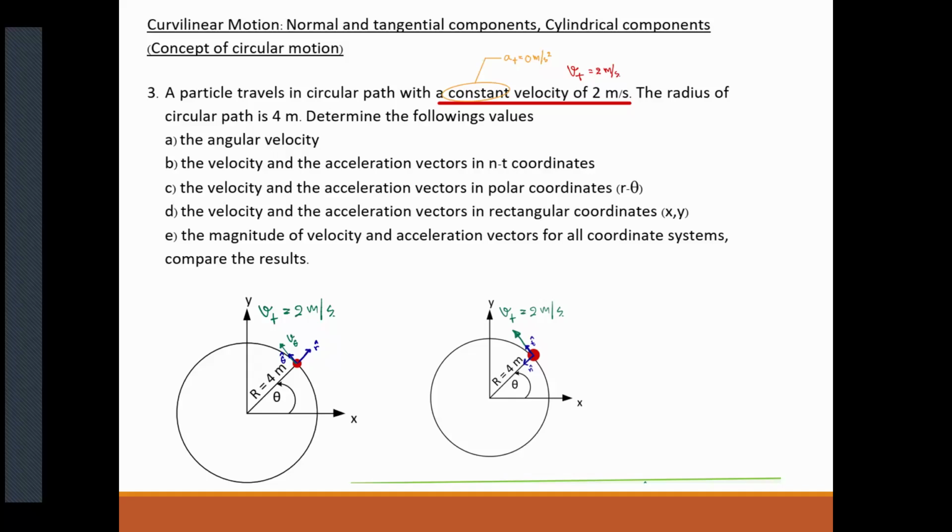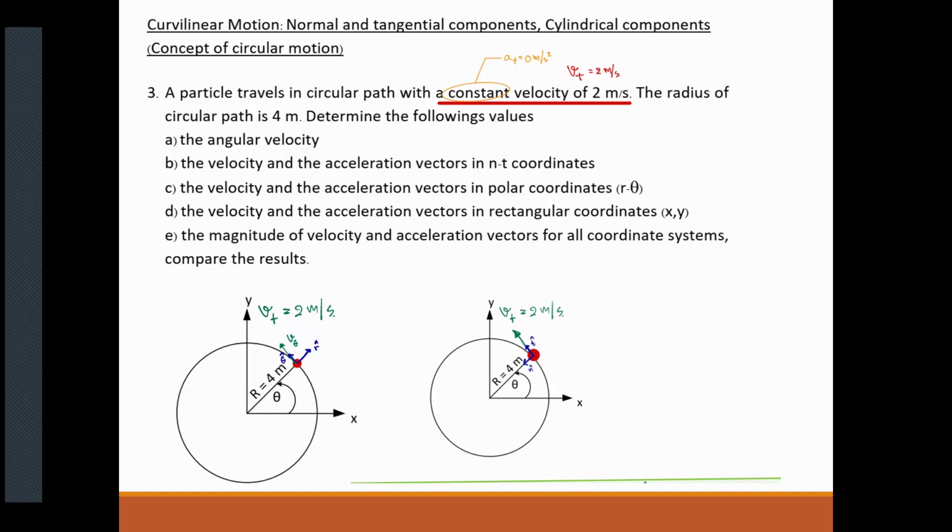Actually, for circular motion, normally from high school and fundamental physics, you solve this type of problem in normal and tangential coordinates. If you review it a little bit, you may find that normally for circular motion, you determine the normal acceleration, the acceleration that is toward the center of curvature, and also the tangential acceleration.